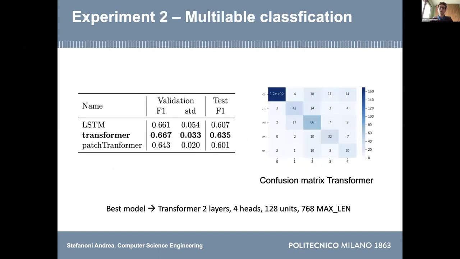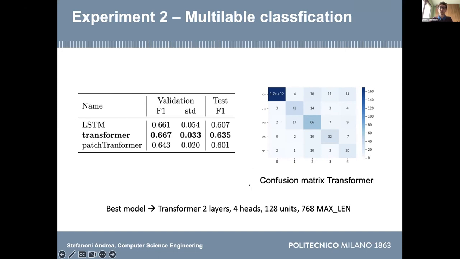In the second experiment, we used the second dataset, and we tested the top three performing models. The results are not great. This one is the macro F1 score, and the dataset was slightly imbalanced, and the performance on the not very common classes is really awful.